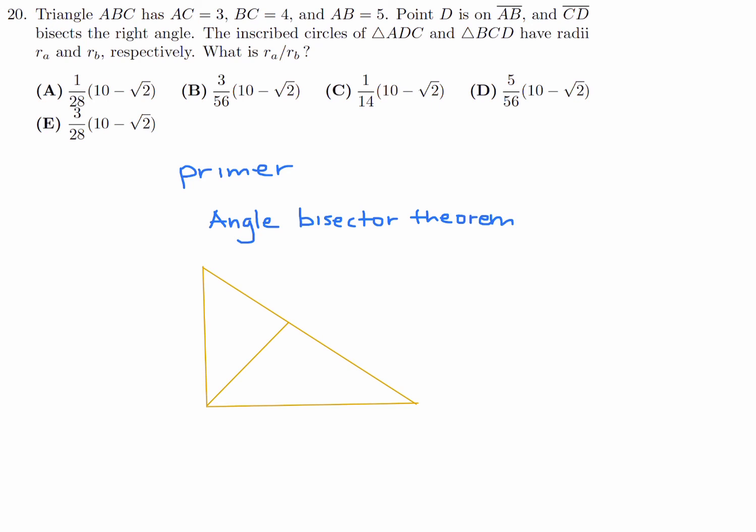And it states the following, that if you have a triangle and the triangle has sides A, B, and then you take a line and cut the angle between A and B in half with an angle bisector, that will divide the hypotenuse, or the other side, not necessarily a hypotenuse, into 2, and that is C and D. And the angle bisector theorem states that A over C is equal to B over D. Okay, so we are going to use that in our question.